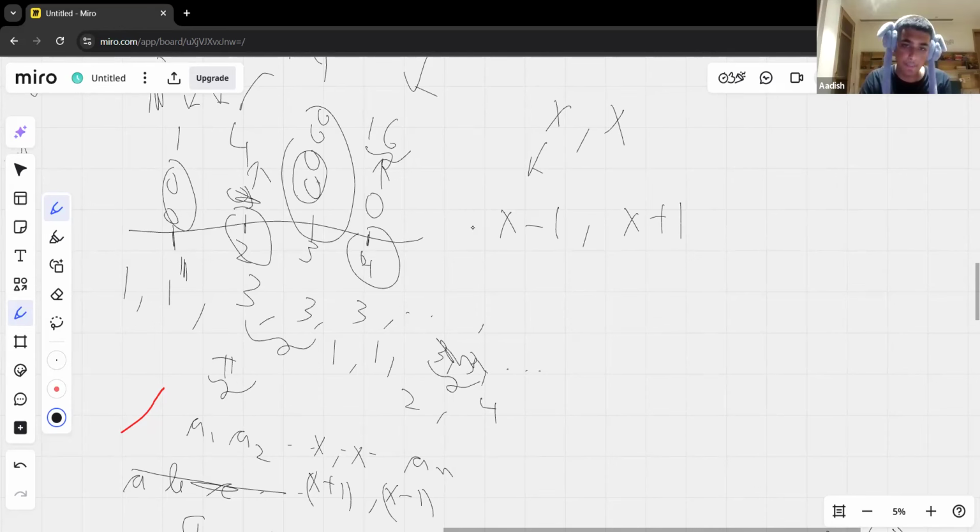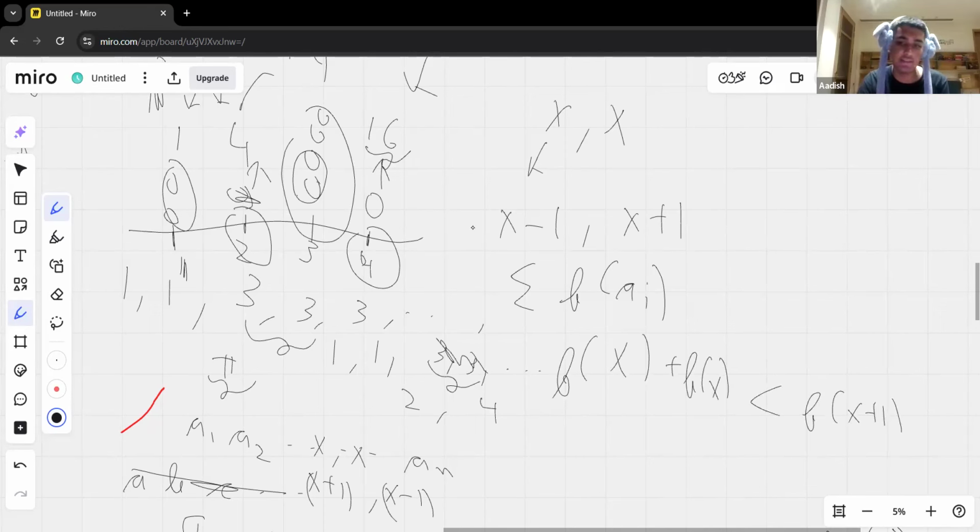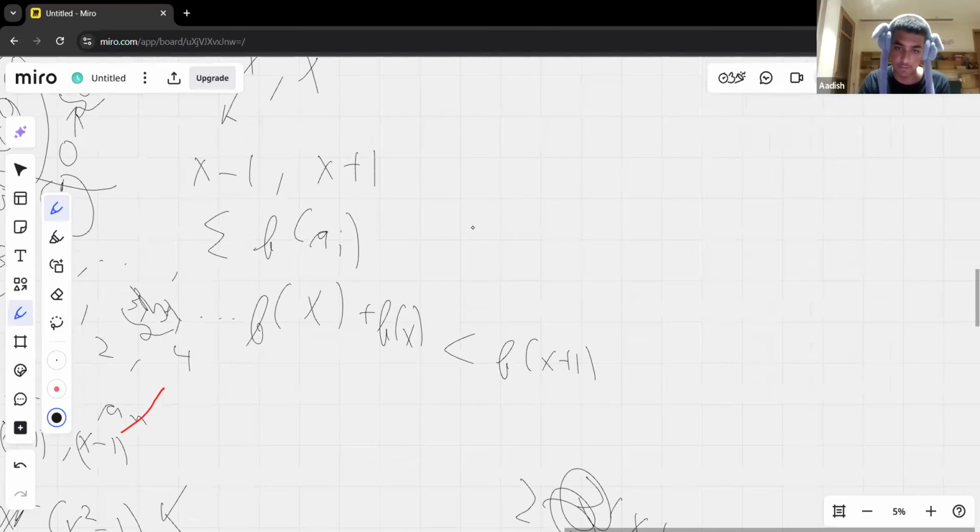So I'll say suppose my monovariant is some function of x, like I'm adding up the summation of f of a_i over all the numbers. I'll try to look for a function such that f of x plus f of x is either greater than this or less than this. An increasing monovariant is fine and a decreasing monovariant is fine.